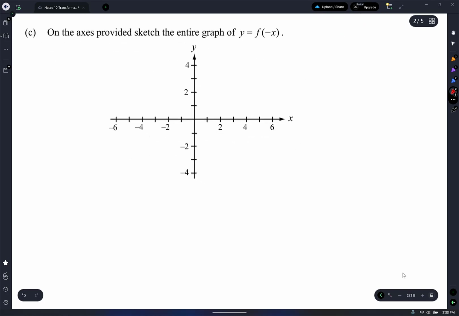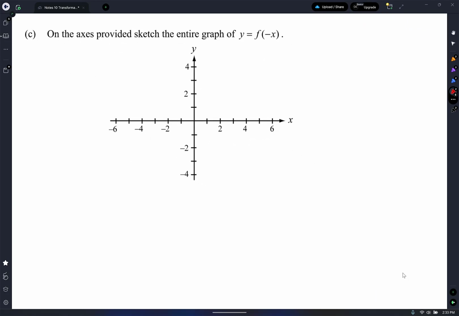Letter C. On the axis provided, sketch the entire graph of y equals f of negative x. So check it out. That negative in the front just means, what's the word? I'm looking for another word. Positive to negative, negative to positive.